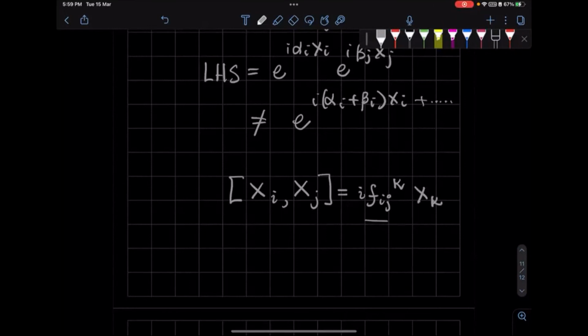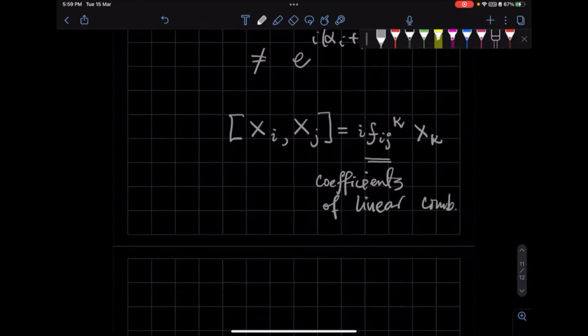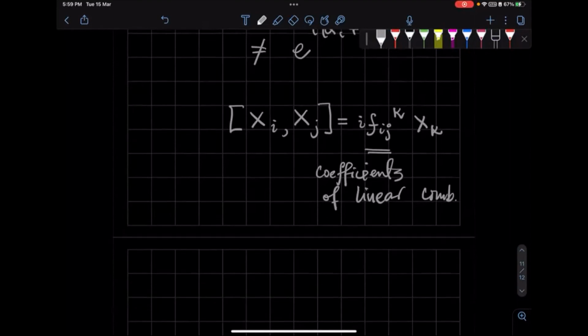And these coefficients of the linear combination, which for real compact Lie groups can be chosen to be real, something we will show later, for now they're just numbers. They're called structure constants. So f_ijk are known as structure constants.